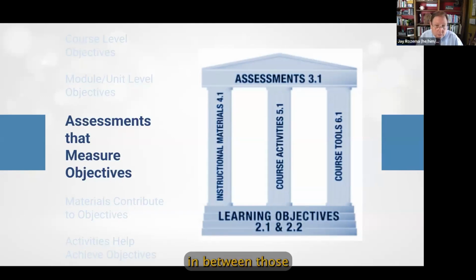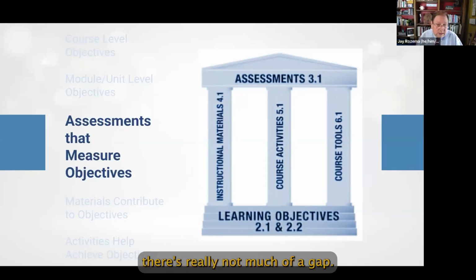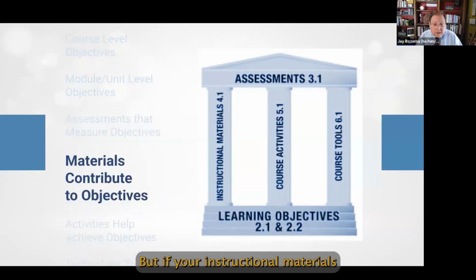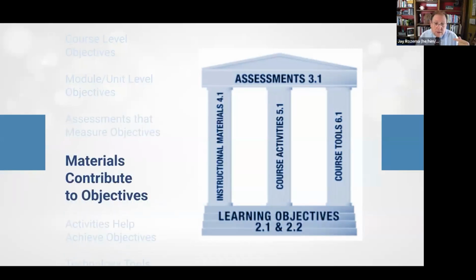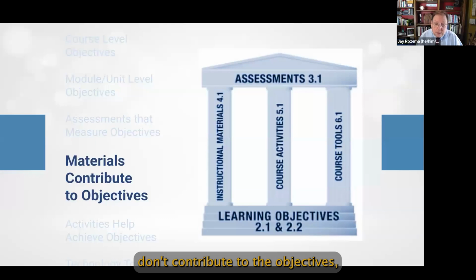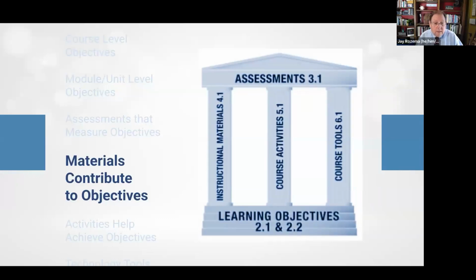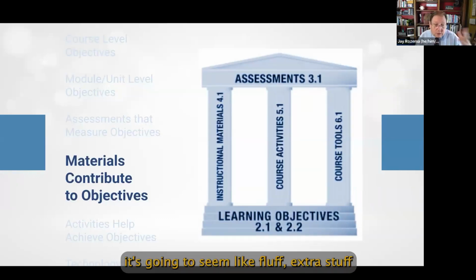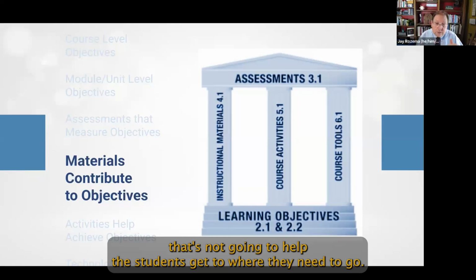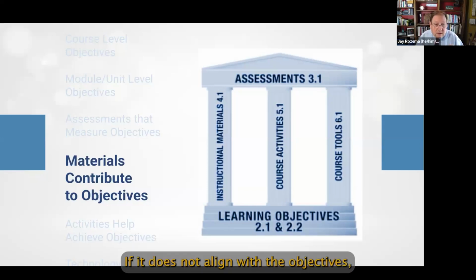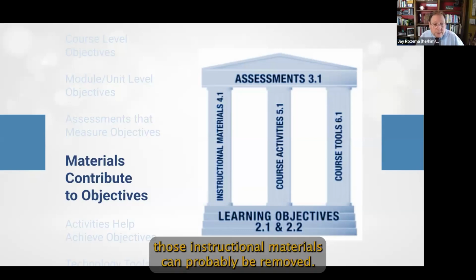In between those, there's really not much of a gap. But if your instructional materials don't contribute to the objectives, it's going to seem like fluff, extra stuff that's not going to help the students get to where they need to go. If it does not align with the objectives, those instructional materials can probably be removed.